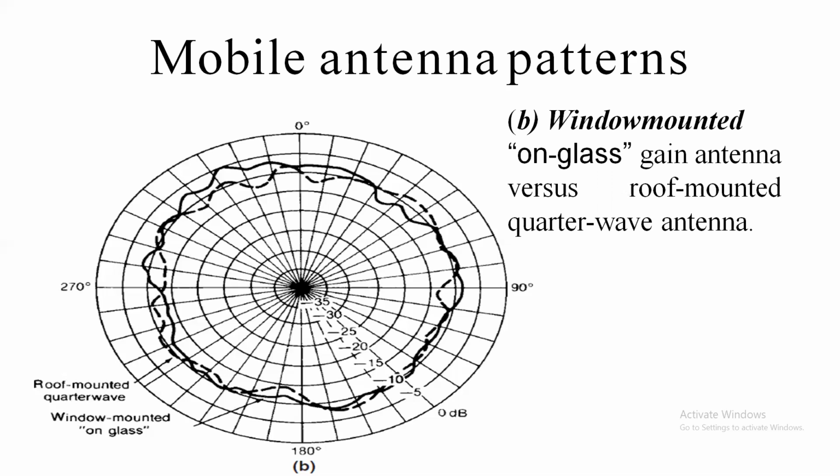The glass mounted antennas have the advantage that there is no need to drill. That means the glass has to conduct the signal. The roof mounted antennas are placed above the glass mounted antenna.